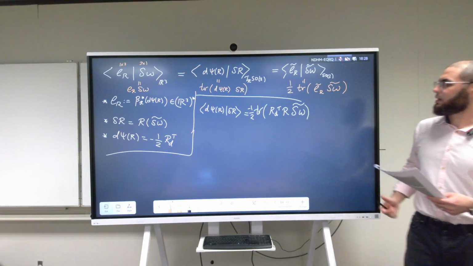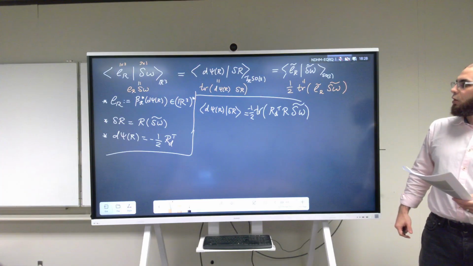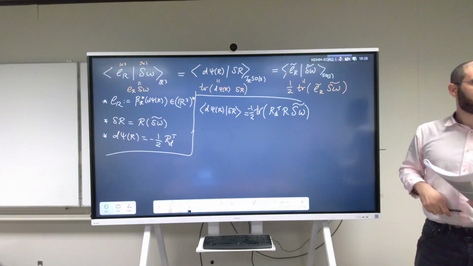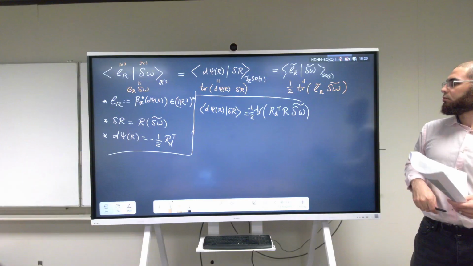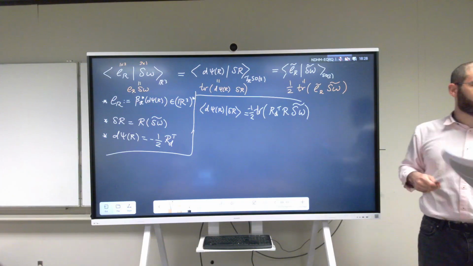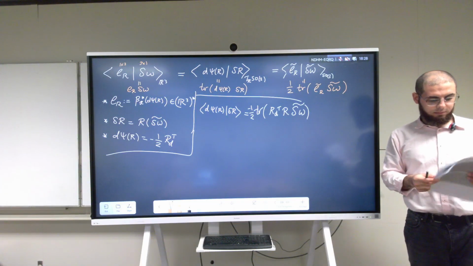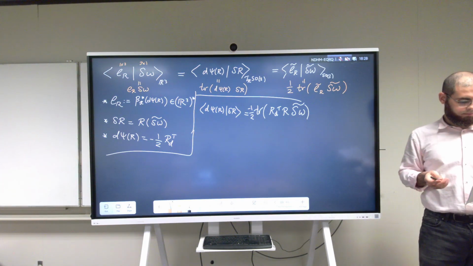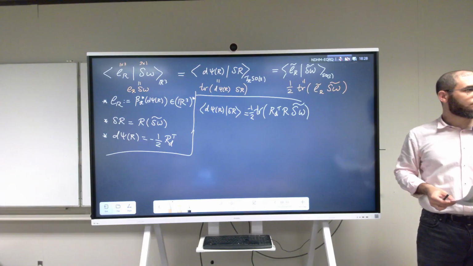Now let's look at this expression. If you compare these two together, what do you see? ER delta equals RD transpose minus RD transpose R. Everyone agrees? No, you cannot do that. Why?